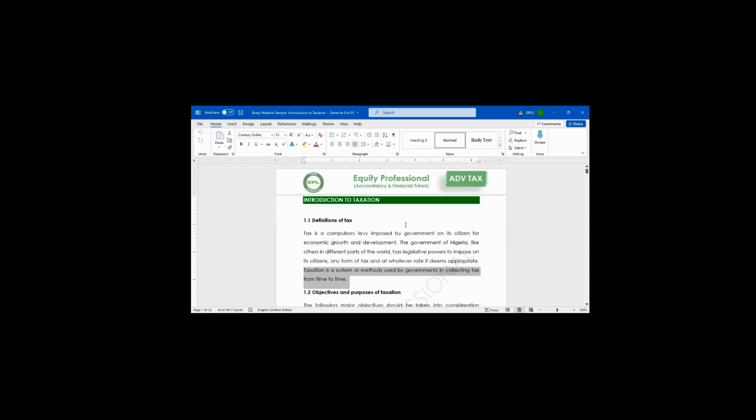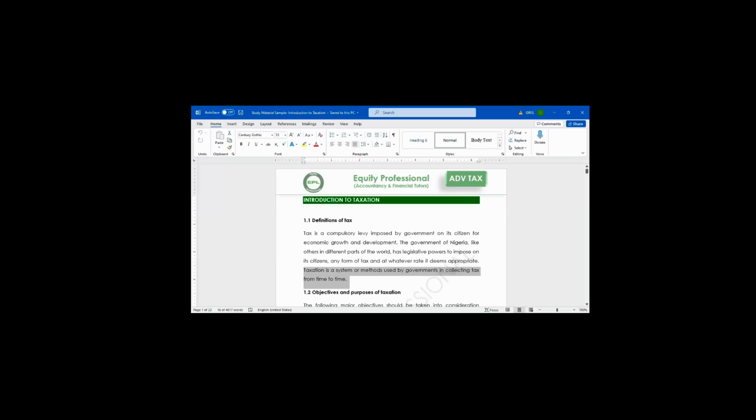That is taxation. It is different from tax. How does government collect tax is what taxation is talking about. What method does government use to collect tax is what taxation is talking about.